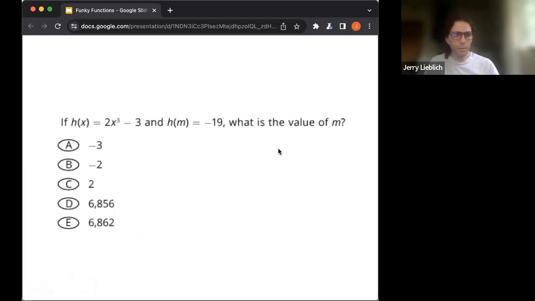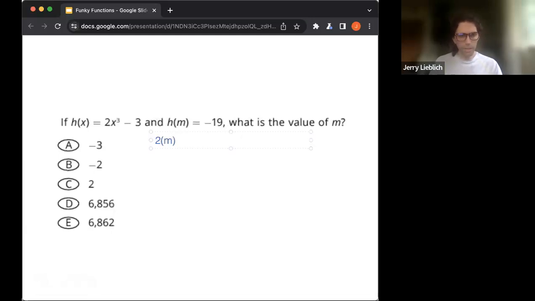So here we've got a little bit more complication, right? So we have this function h of x, which spits out 2x cubed minus 3. And then they give us a value. They say h of m is negative 19 and ask for the value of m. Well, we just need to use this equation here and say, all right, h of m, well, I know what that is. Wherever I see an x, I put an m.